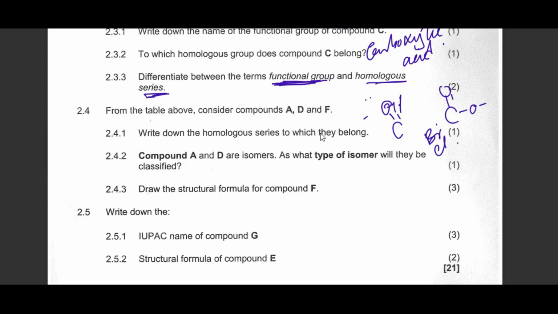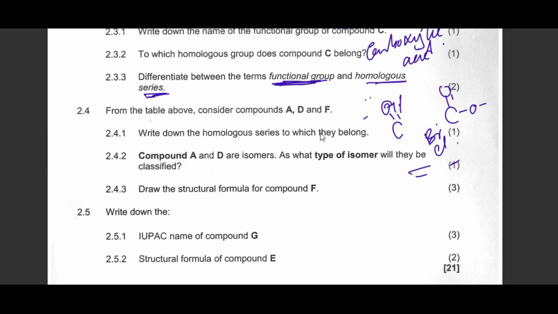When we talk about bonds, we can talk about a double bond or triple bond. Yes, it can be a bond or an atom or a group of atoms that determines the physical and the chemical properties of an organic compound.